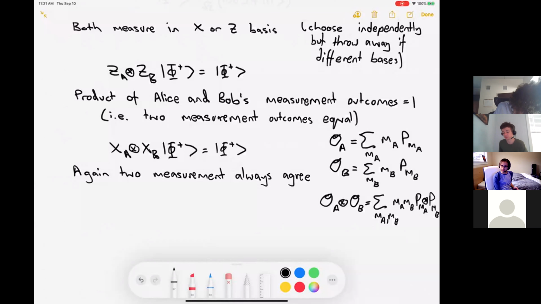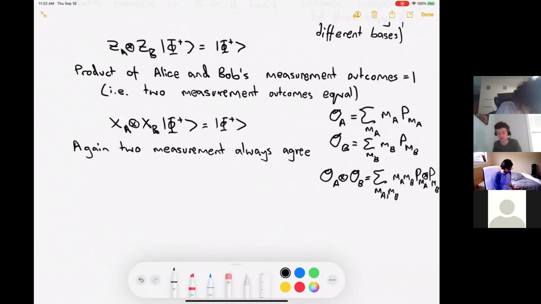Okay, this product of the two projectors gives you the probability of getting the measurement outcome. The product of the two projectors is the probability of Alice getting outcome MA and Bob getting outcome MB. Okay, so we just look at this measurement here.